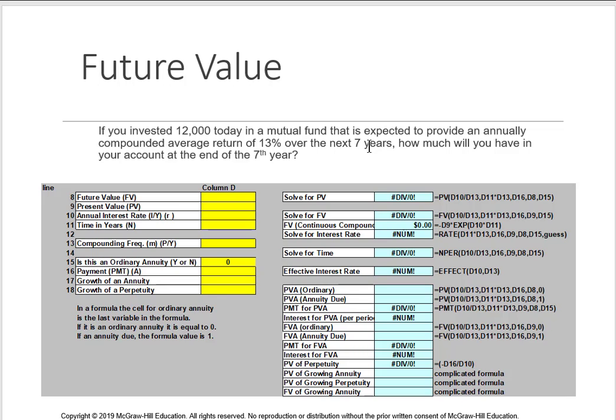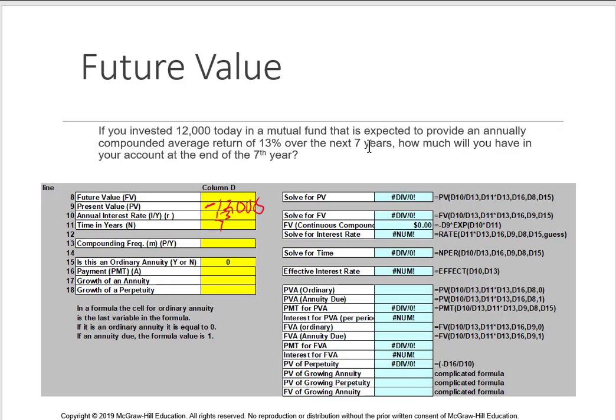The present value is right here. And again, we need to remember that's negative $12,000. Why is it negative? Because it's an investment. The annual interest rate is 13%. Now you have to watch and make sure that your formatting works. This really should be 13%, or it might be 0.13. Time in years, 7 years. So we know it's 7 years.